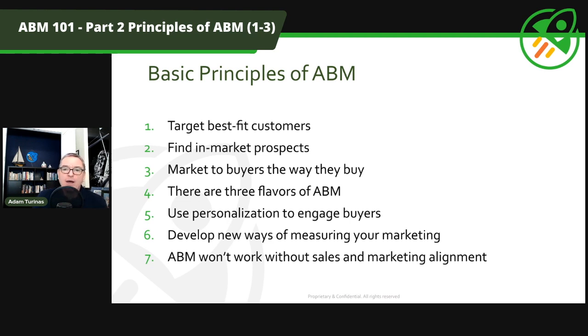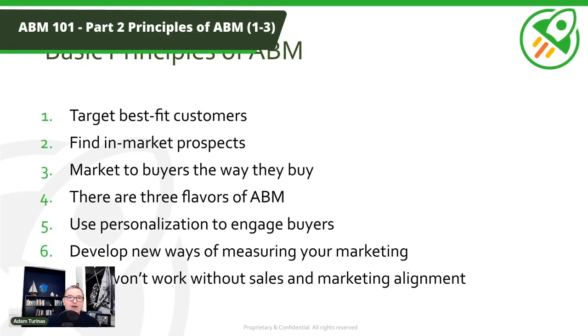So principle number 1 is it's about targeting best fit customers. Principle number 2 is about finding in market prospects. Third principle is about marketing to those buyers, the prospects, in the way that they buy.